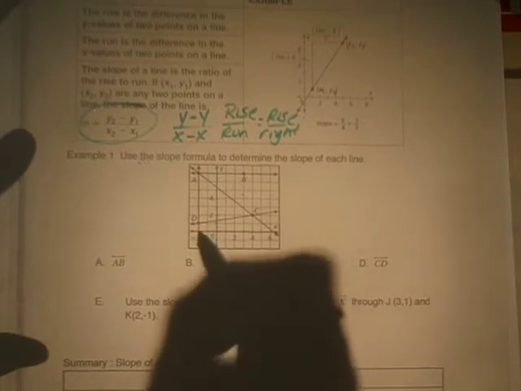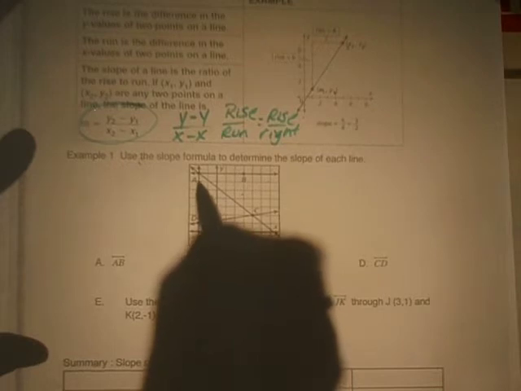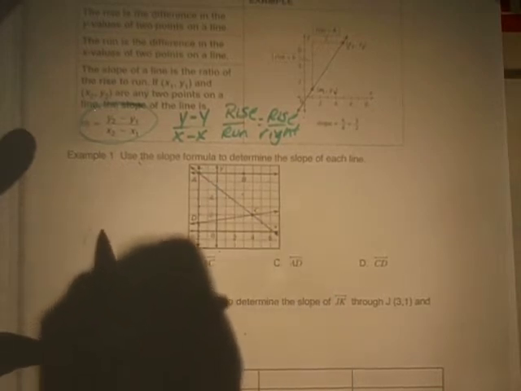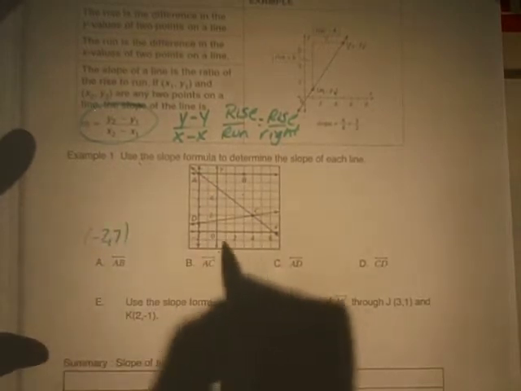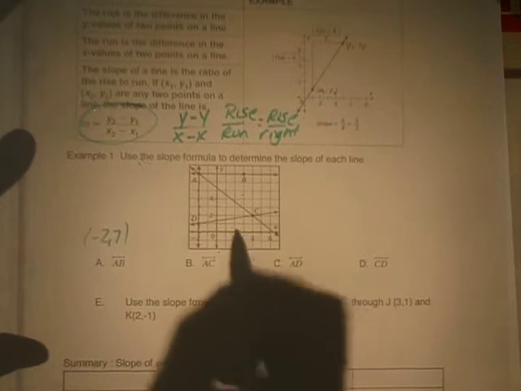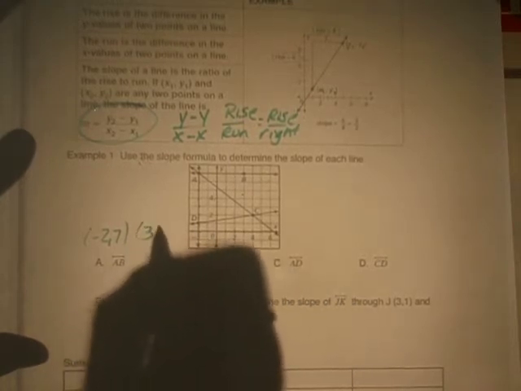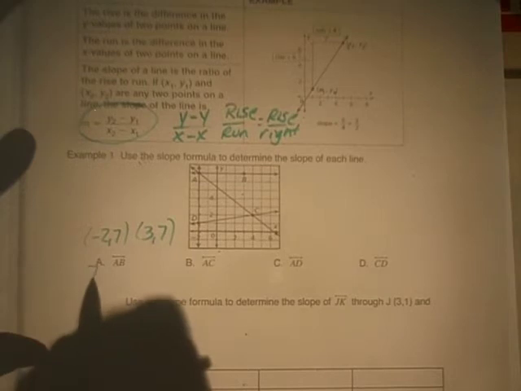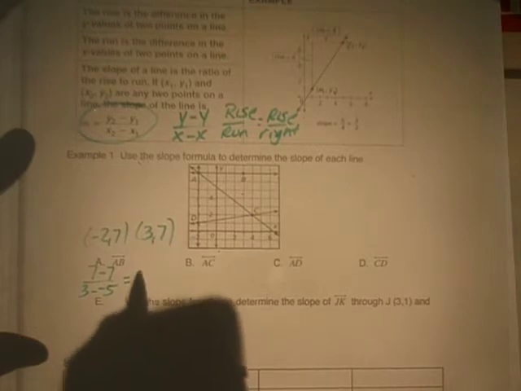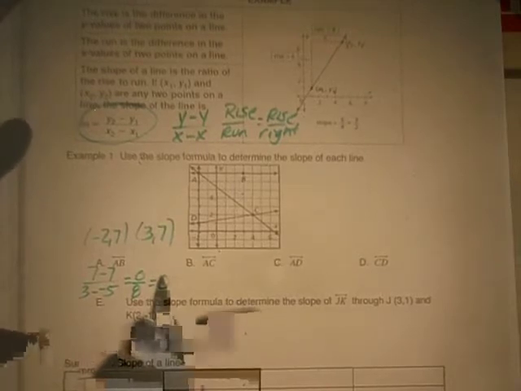From A to B, A is the point -2, 7, and B is 3, 7. We do y minus y, x minus x, which becomes 0 over 8, which means that line has a slope of 0.